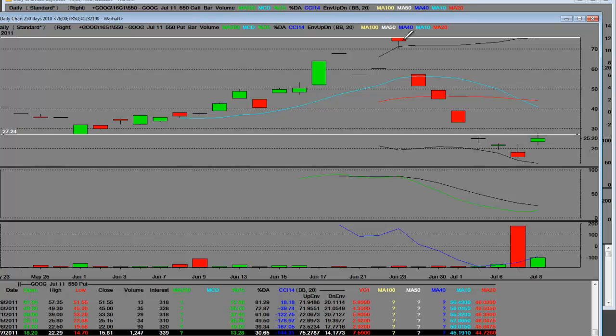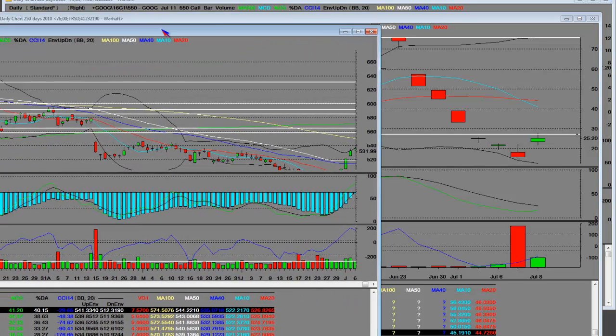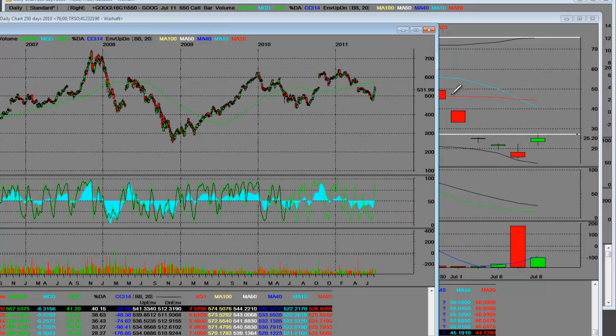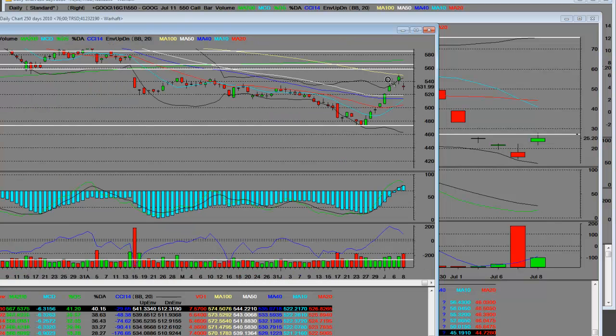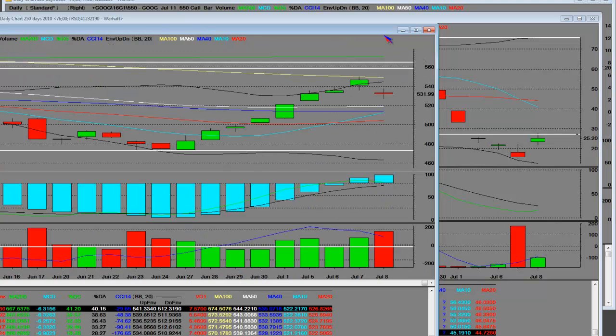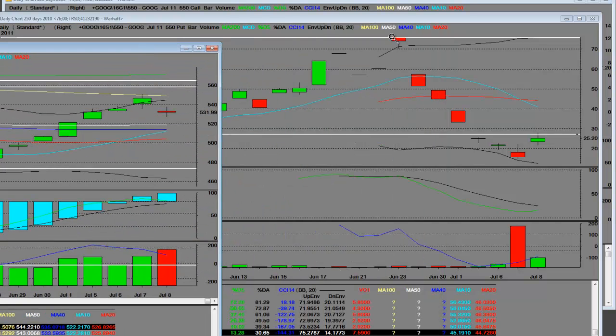totally inflated, MMT. Not only that, MMT, when you were putting the bottom in Google at 473, that bottom was put in for the rally, and that top inflated put came straight down.